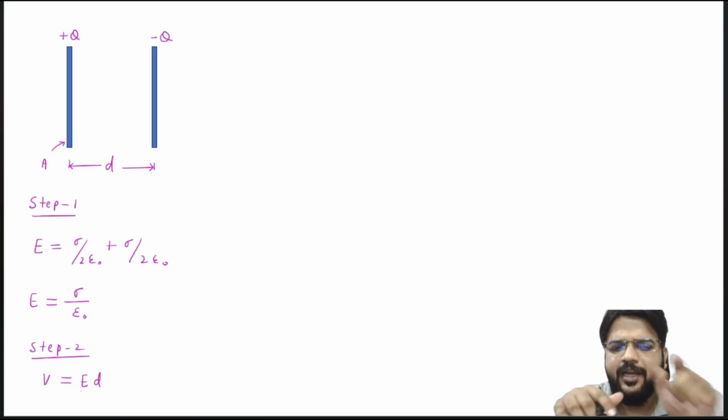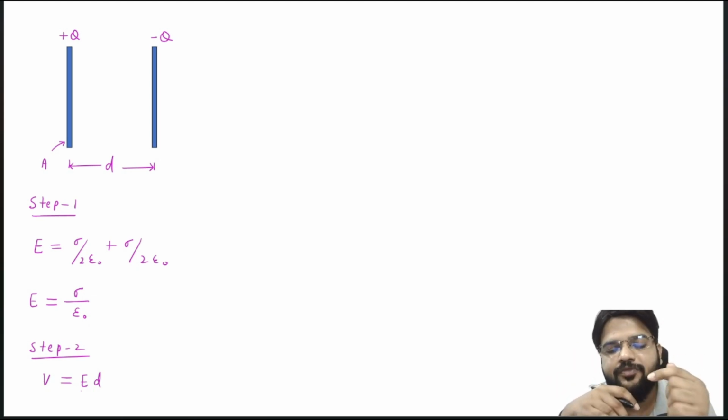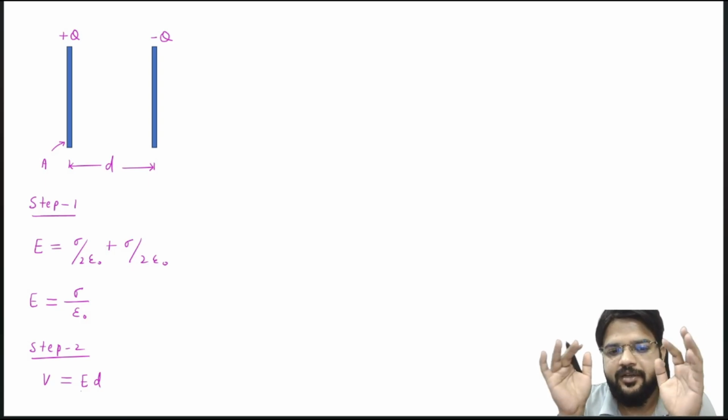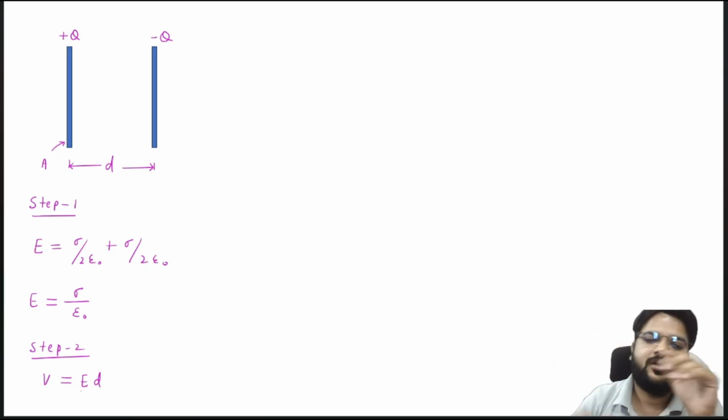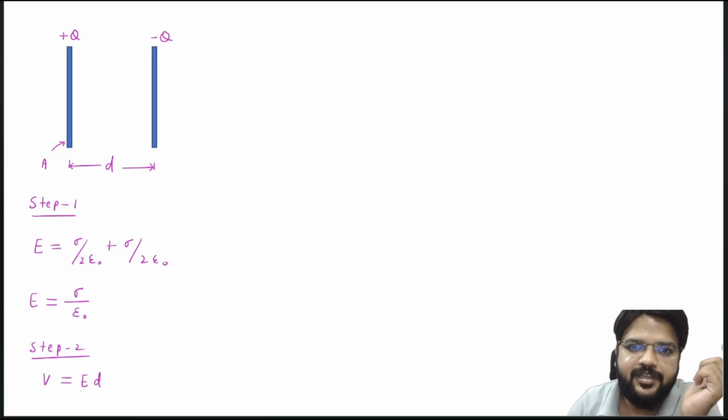Here we have a negative sign also, but we are interested only in the magnitude. The minus sign represents that if we move in the direction of the electric field, then the potential decreases. But here we are only interested in the magnitude, so no need to worry about the negative sign. So the potential difference also we got.